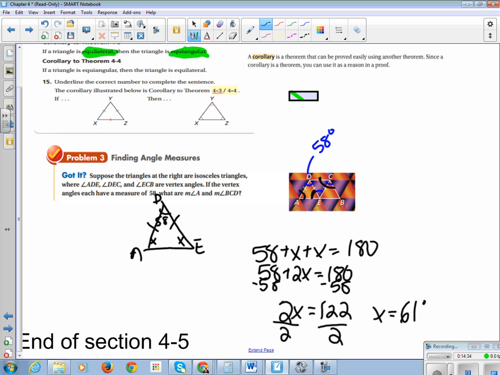So the measure of angle A is 61 degrees. So let's take that information and we're going to apply it. So if angle A is 61, this is B, C. This is 58. This is 61. This is also 61.